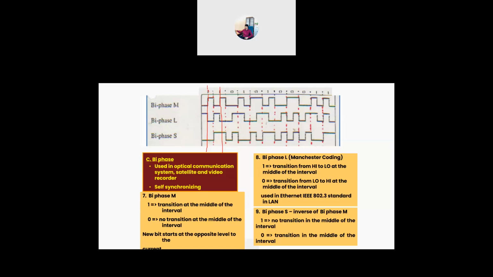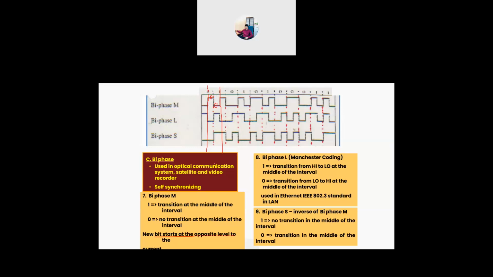Then it will have a transition at the middle of the interval. Here you see a new bit starts at the opposite level to the current. So this is 1, this is 1, this is also 1. However, this is a new bit relative to this one, so it will start at the opposite level to the previous. And for the bit 1, there will be a transition in the middle.